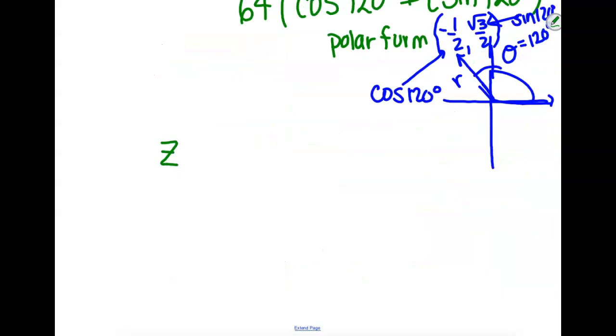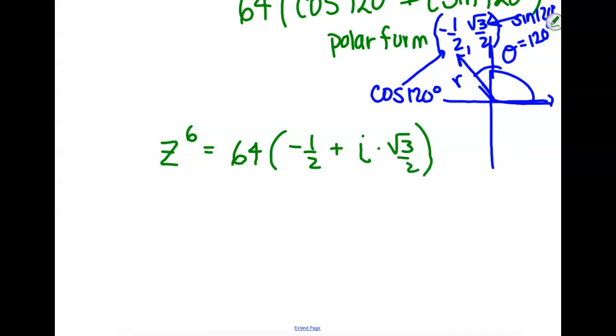So z to the 6th power is 64, substitute in the cosine of 120 degrees, which is negative 1/2, plus i, the sine of 120 degrees is square root of 3 over 2. Then we need to distribute that 64 into both terms.